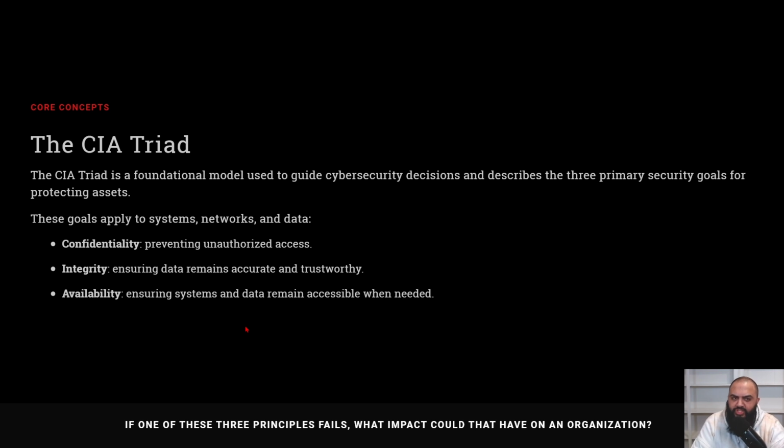This is the foundation of every cybersecurity decision. You and I, our job, if I came to you and I said, hey, we have X, Y, and Z company, we need to protect them. They have these assets, we need to protect these assets. What do you do? You're going to sit there and you're going to think about the types of assets they have, right?